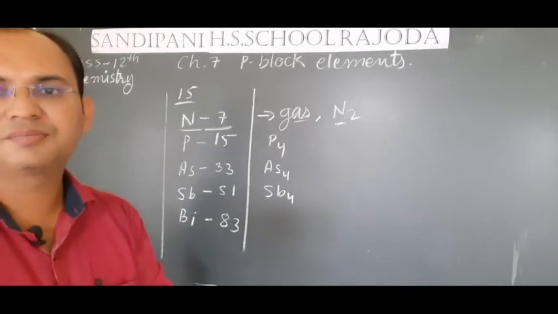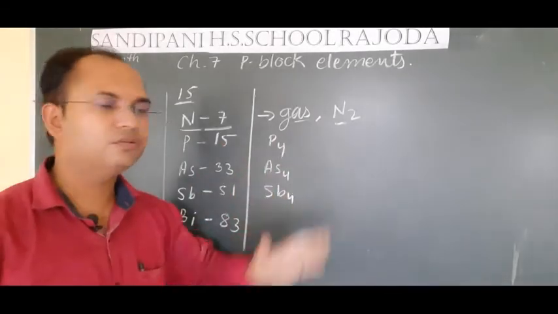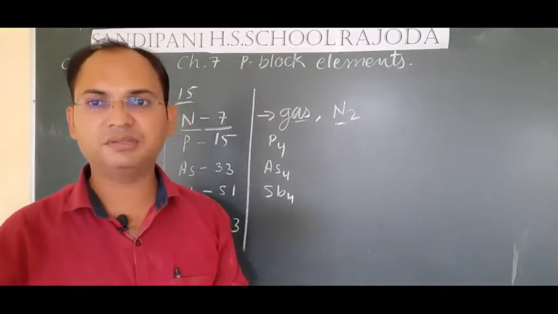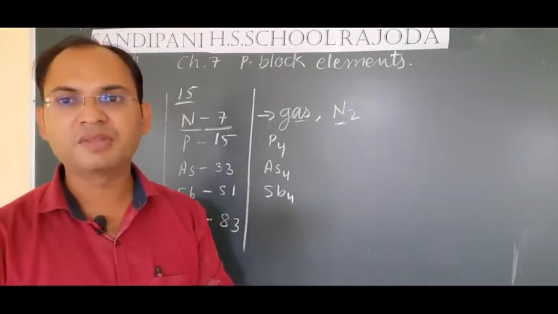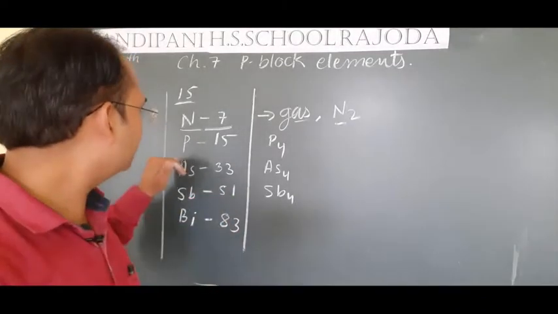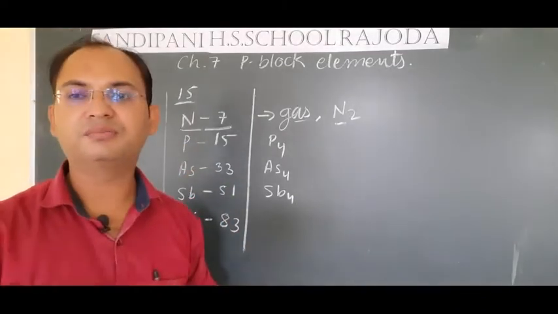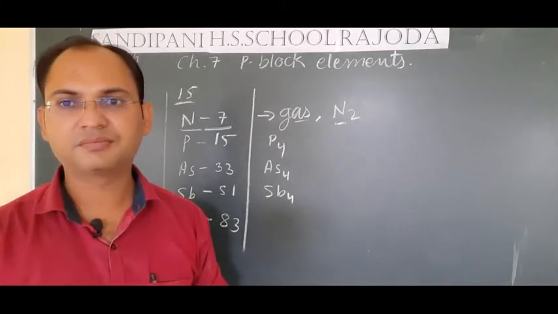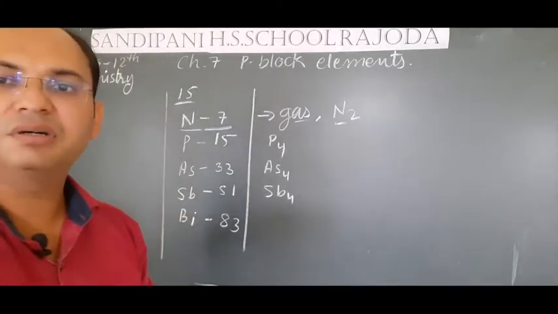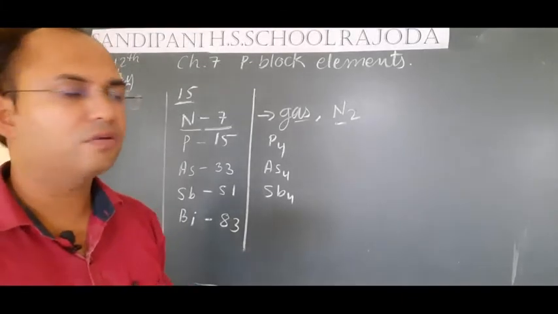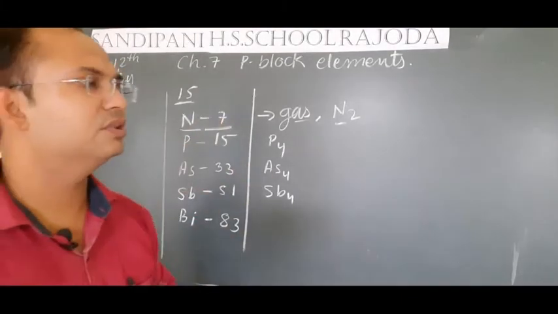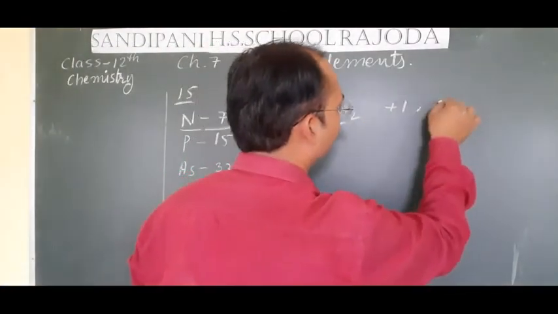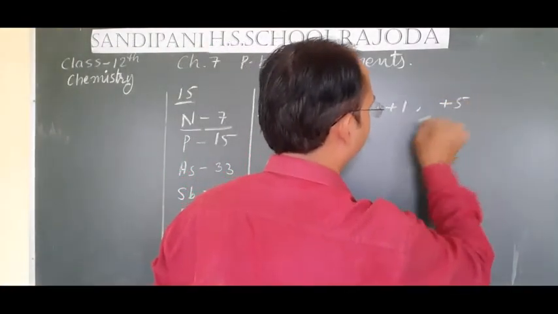Thirdly, students, nitrogen does not form polymeric oxides, that means long chains of oxide polymers are not possessed by nitrogen, but the rest of the members like phosphorus form long chains of their oxides. If we take the fourth point, in the formation of oxides, nitrogen shows oxidation states from +1 to +5.